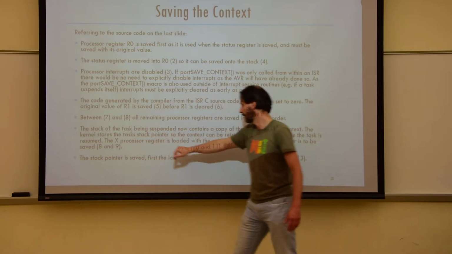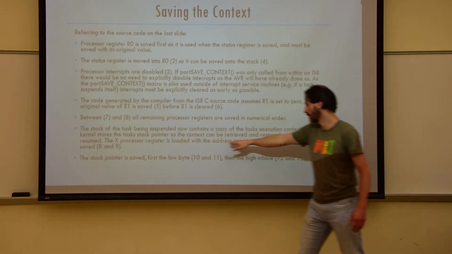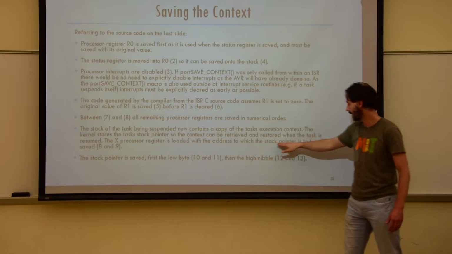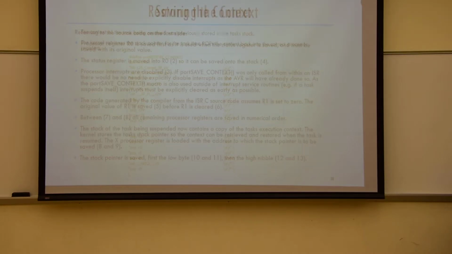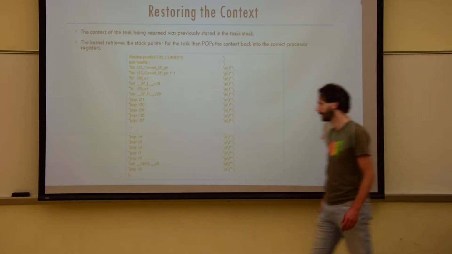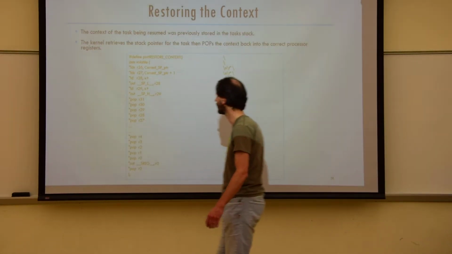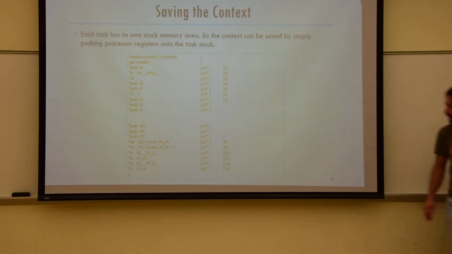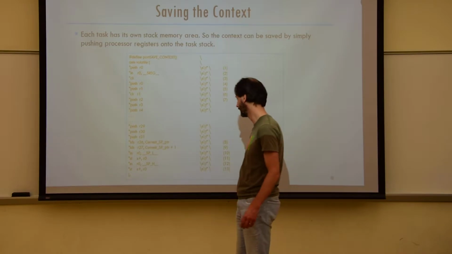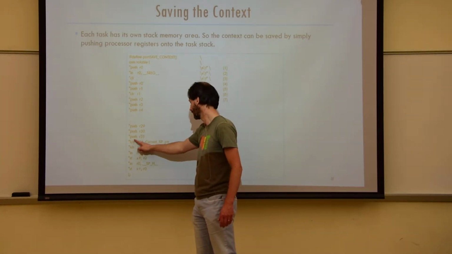So the processor register is loaded with the address to which the stack pointer is to be saved. So that's what we see here. It's going on over here. We have some loads, right?